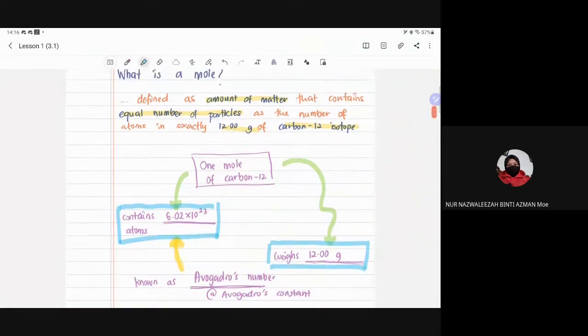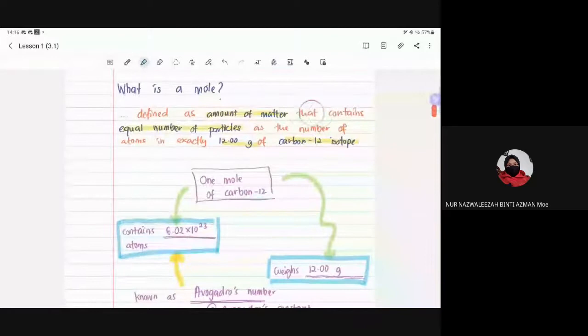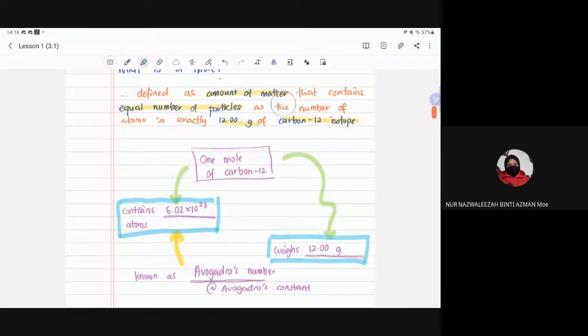So by definition, kalau kita tengok balik, amount of matter that contains equal number of particle, okay, of atoms in exactly 12 grams. So 12 grams of carbon always contains 6.02 times 10 to the power of 23 number of atoms.